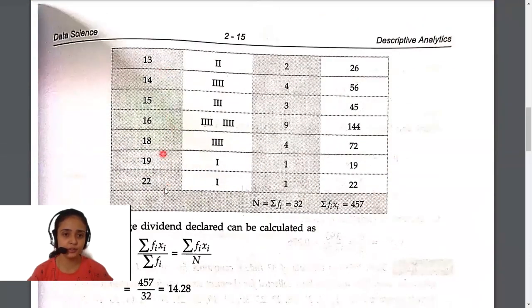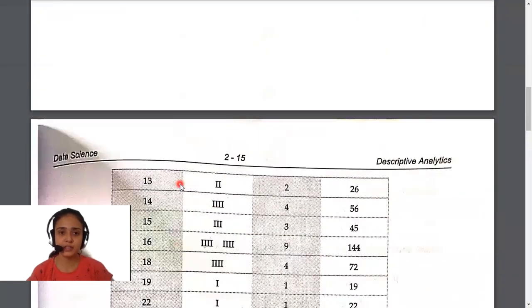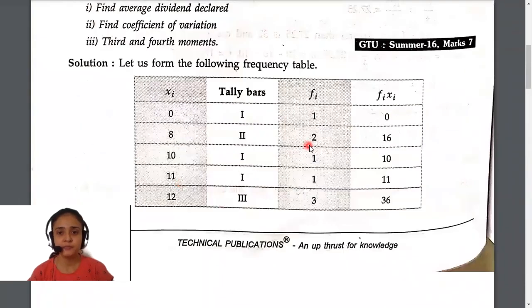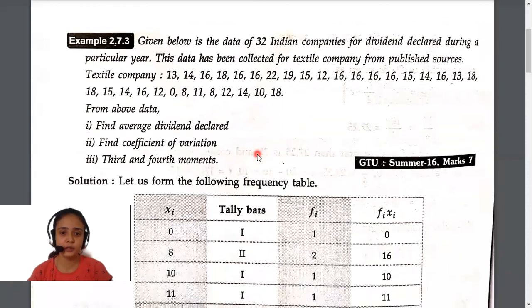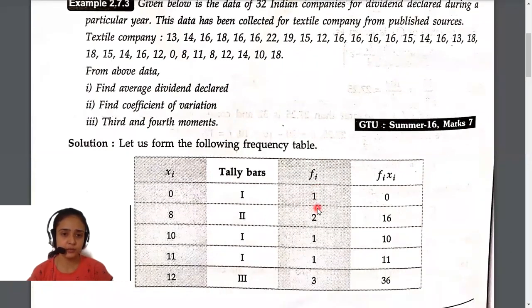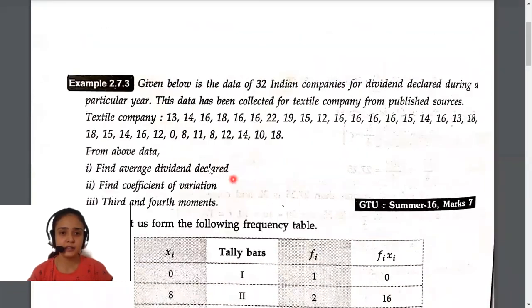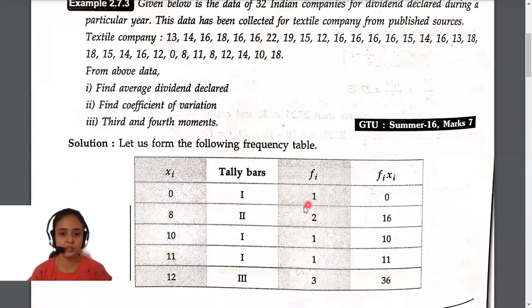You can see that some portion is given on the next page. How many times is 0 repeating? This 0 is repeating only one time, so its frequency is 1. How many times is 8 repeating? 8 is here once, and the second time 8 is over here. So it is repeating 2 times.